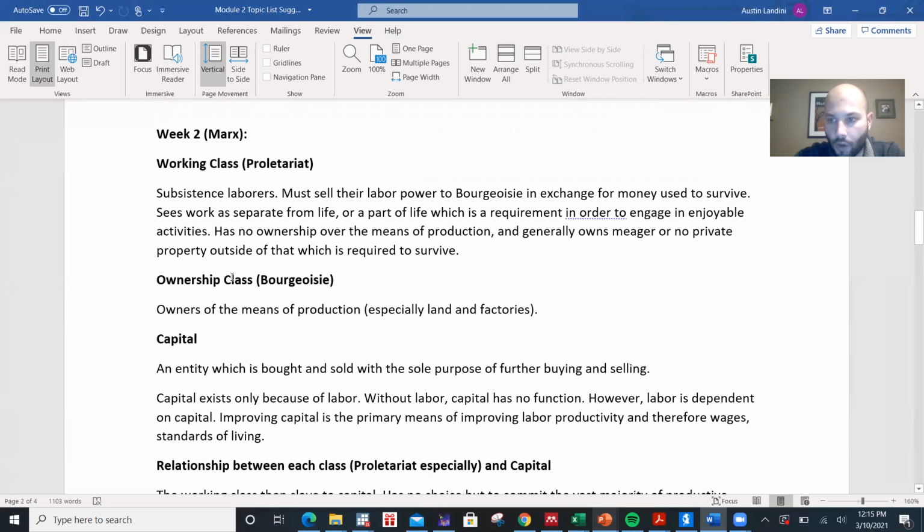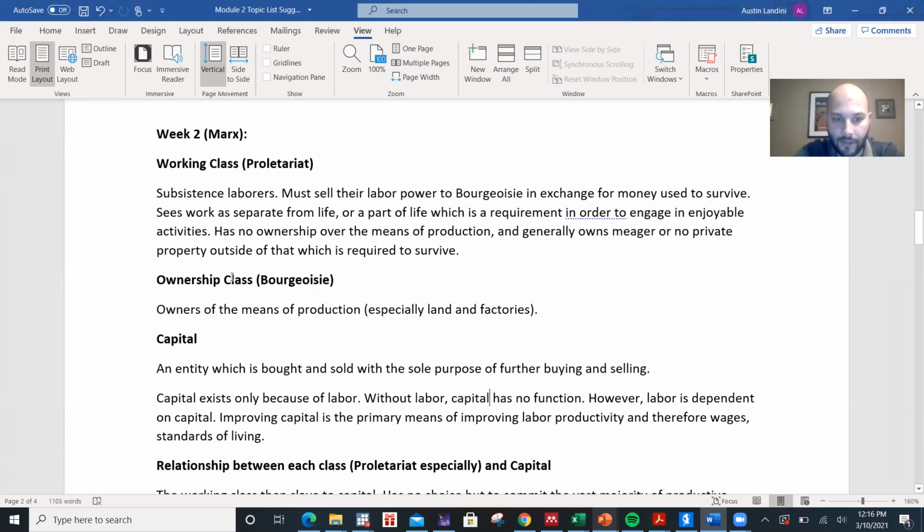To Marx, the working class or the proletariat would be anybody who sees work as being separate from life, just a requirement in order to engage in leisure activities or have money to live. And the working class would generally have no ownership over the means of production, generally meager or no private property.